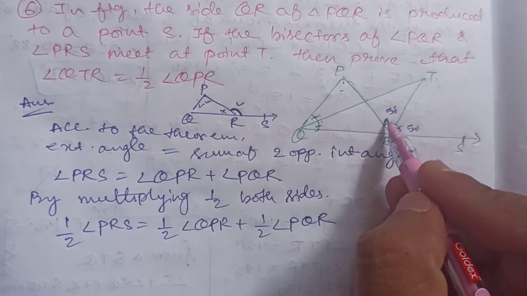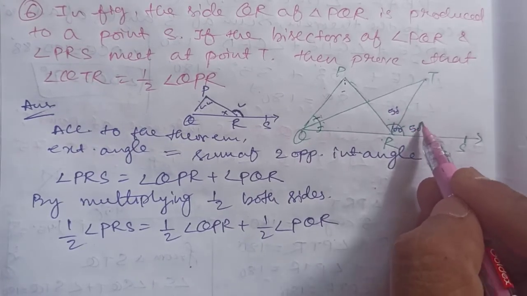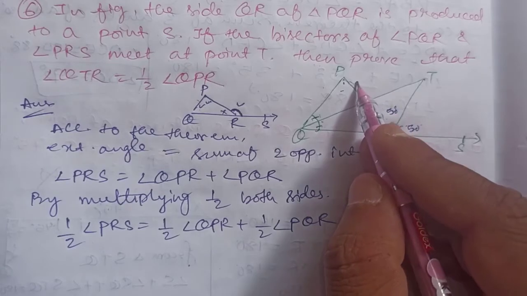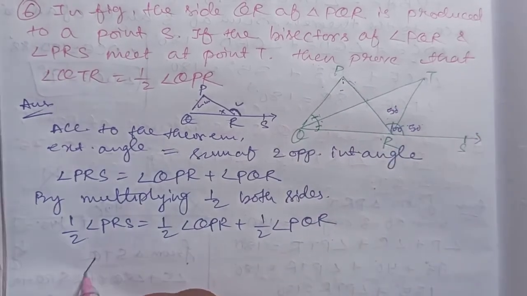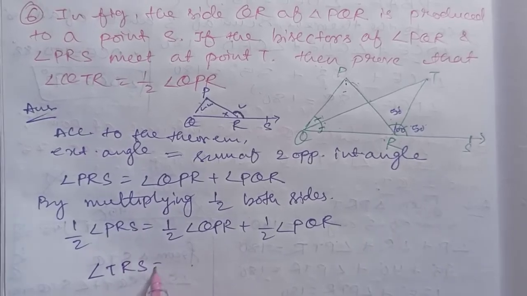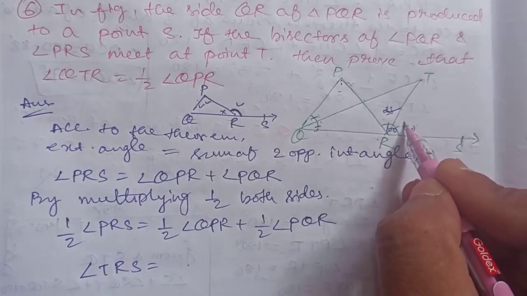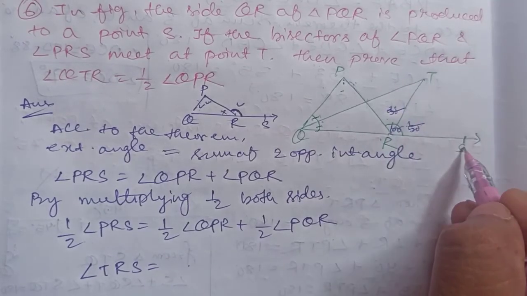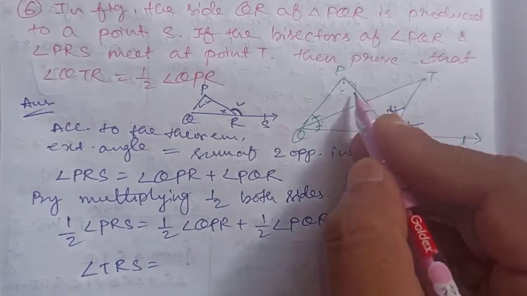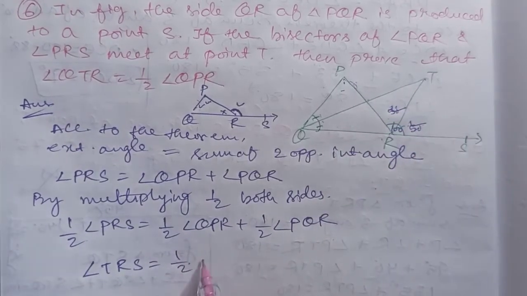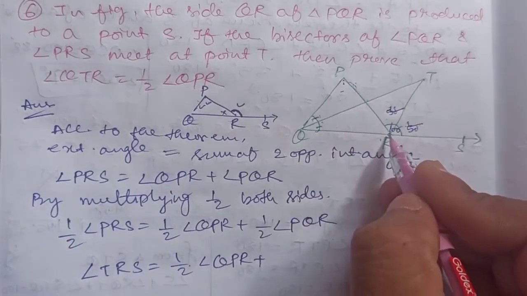So in place of half of PRS, I will take angle TRS, because this half is also half of the full angle. Half of QPR, we can't write anything for this because this is only a single angle.